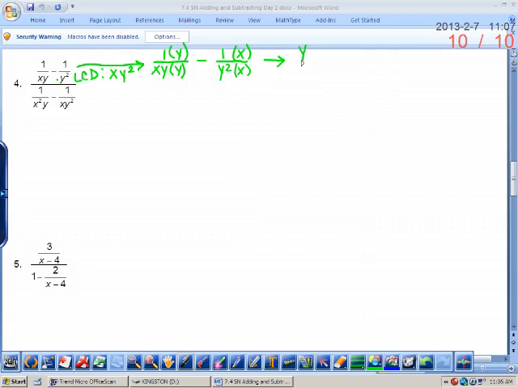So that gets me y over xy squared minus x over xy squared, which finally just gives me y minus x over xy squared. Any questions on that step?